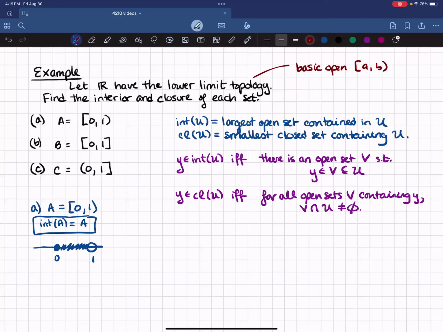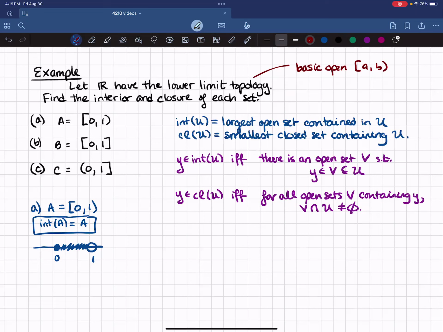And let's use this characterization of the closure as if I want to look at a particular point, this is what I want to think about. Okay. And again, I also want to think about the closure as meaning I know that the closure contains every point of A, but it might contain additional points as well. So I want to look at points that are not in A and think about whether I need to add them.